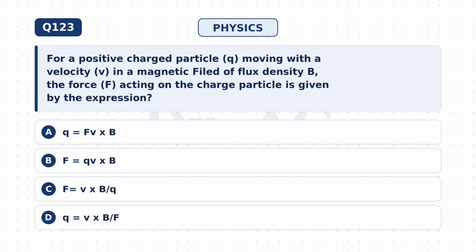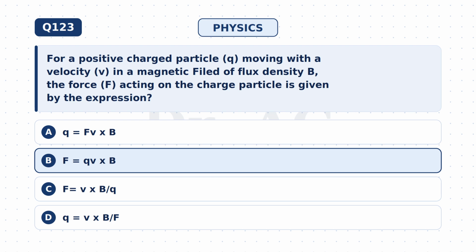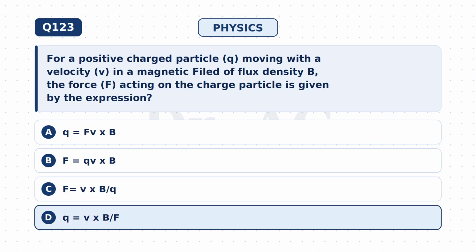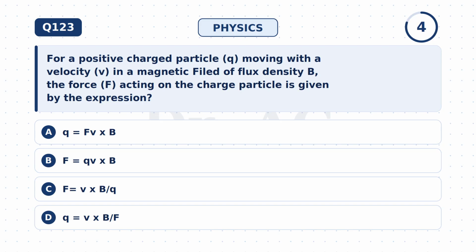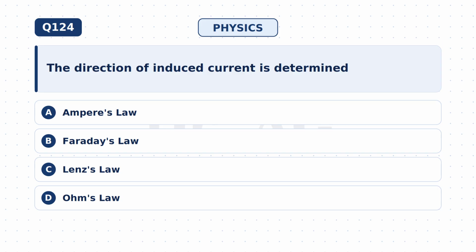Question 123. For a positive charged particle Q moving with a velocity v in a magnetic field of flux density B, the force F acting on the charged particle is given by the expression: Option A, Q equals Fv into B. Option B, F equals Qv into B. Option C, F equals V into B over Q. Option D, Q equals V into B over F. The correct answer is B, F equals Qv into B. Question 124.